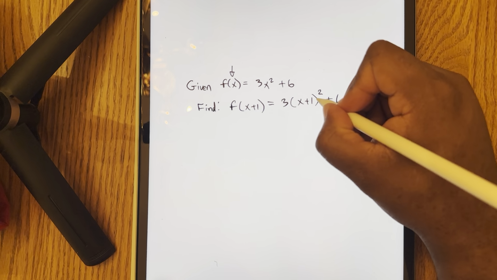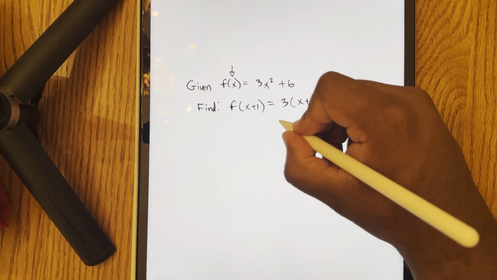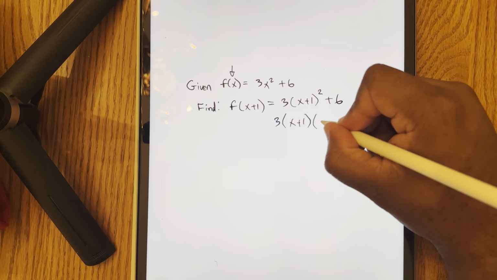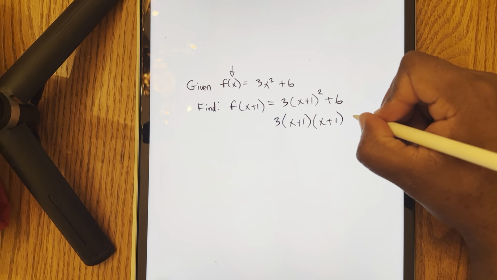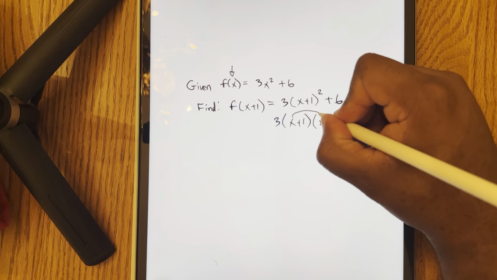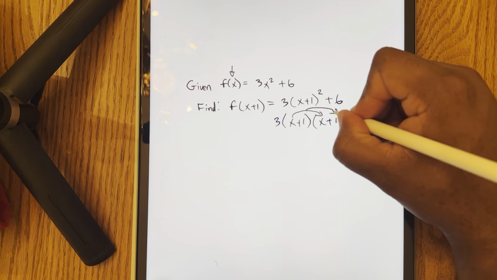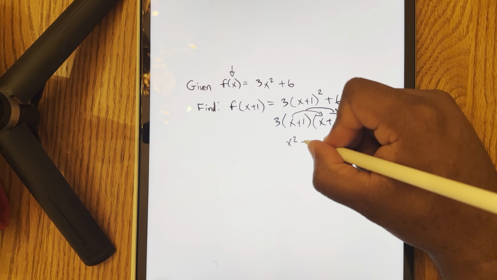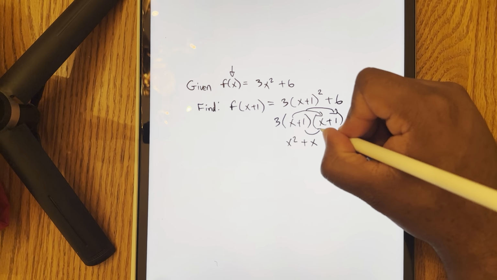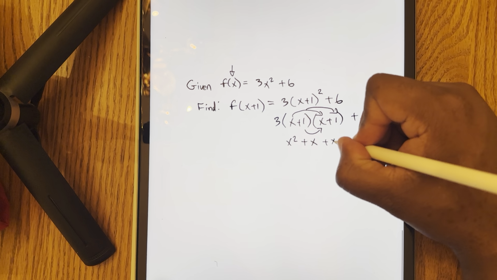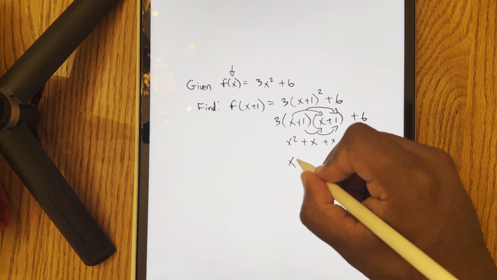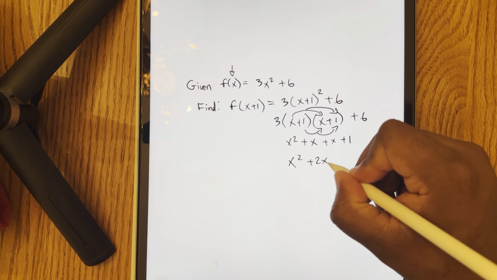And then, well, let's distribute this. So 3 times x plus 1 squared just means x plus 1 times itself. If I multiply and FOIL, x times x is x squared, x times 1 is x, 1 times x is x, and 1 times 1 is 1. This then becomes x squared plus 2x plus 1.